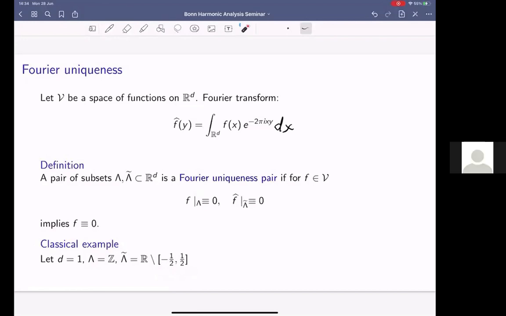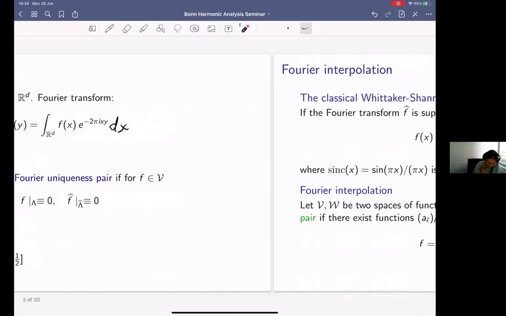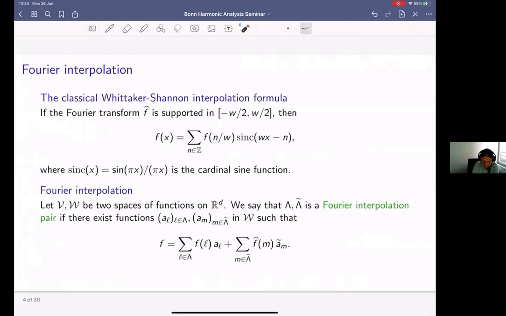And so we have not only this uniqueness result, but we also have a recipe of how to reconstruct our function f. Suppose that we have a function f such that its Fourier transform is supported on this interval. We don't have to work always with the interval minus 1/2 to 1/2. We can also rescale.